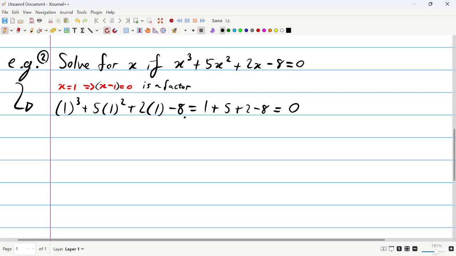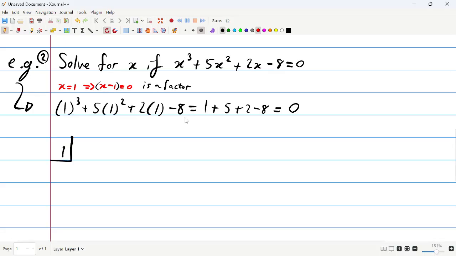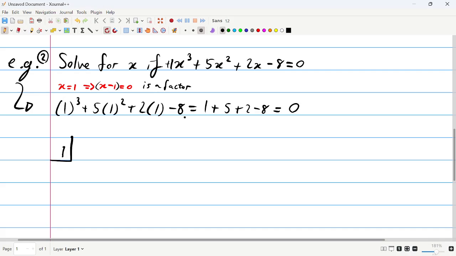Okay. So now we can do our synthetic division. So we can do the 1 in the block and then do the coefficients. So what do you notice? The coefficients are going to be positive 1, positive 5, positive 2, and negative 8.